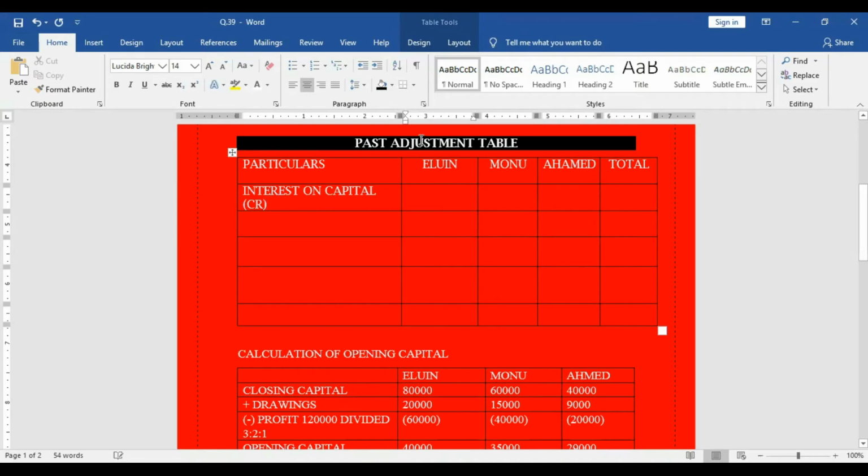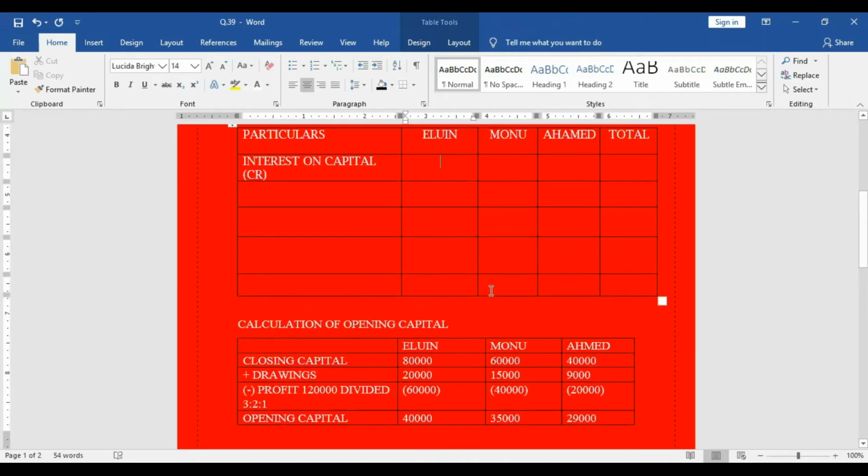For Yelun, interest on capital is 2,000, for Monu 1,750, for Ahmad 1,450. The total, if you add it, will be 5,200.